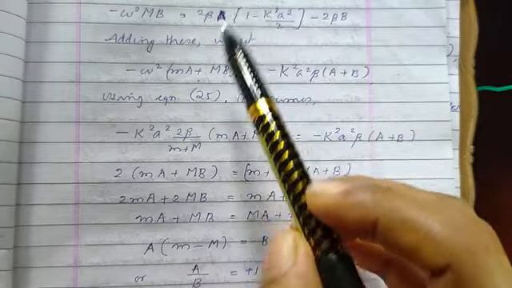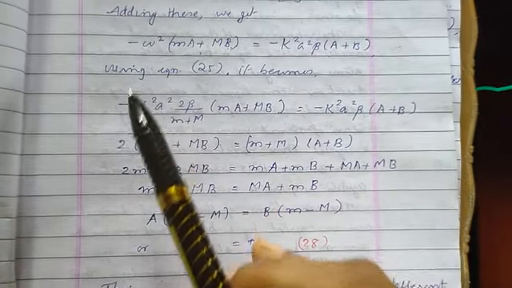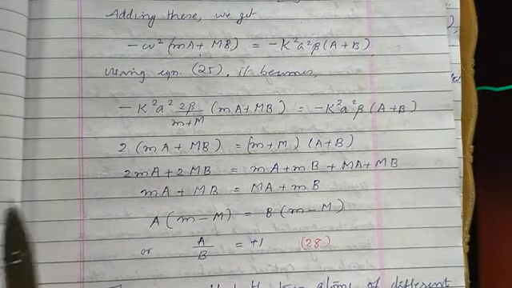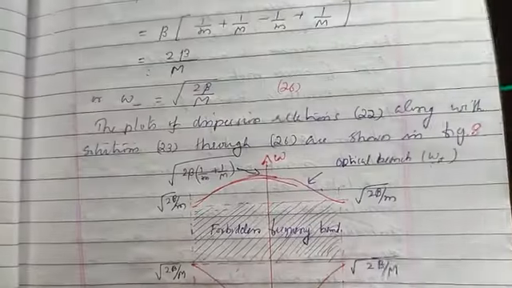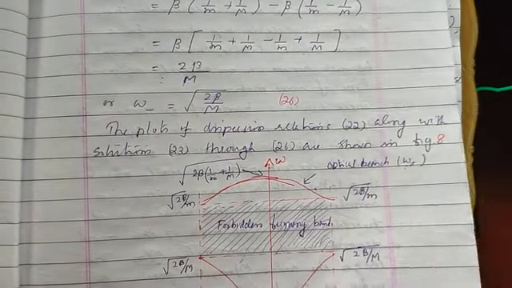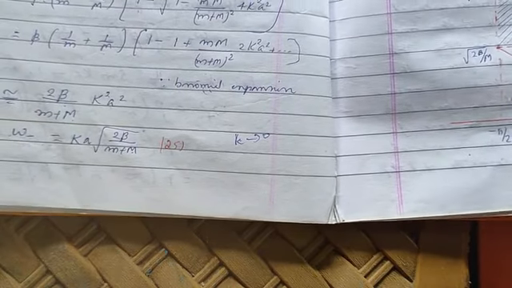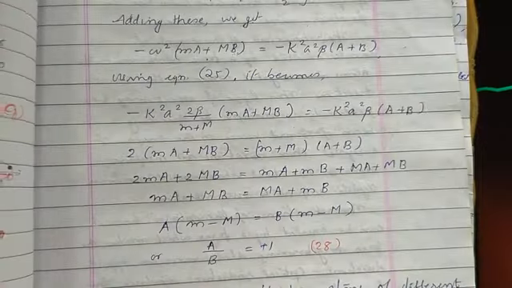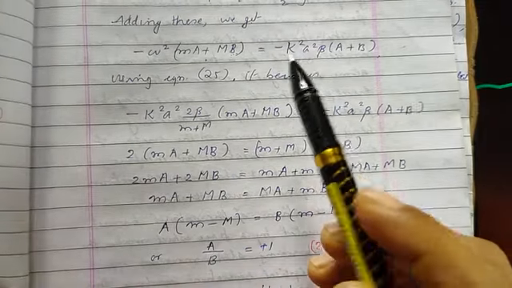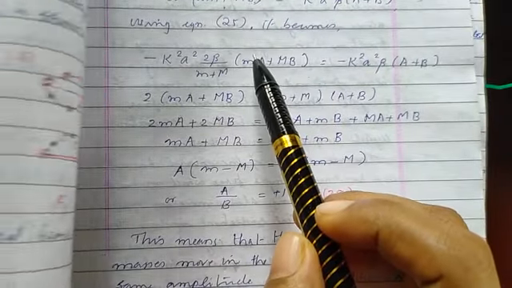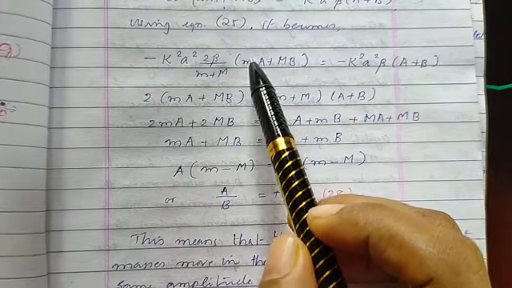Using equation 25, which is the equation of omega minus, the equation for k tending to 0, we substitute that value here.